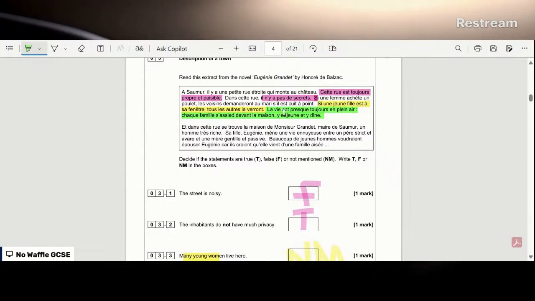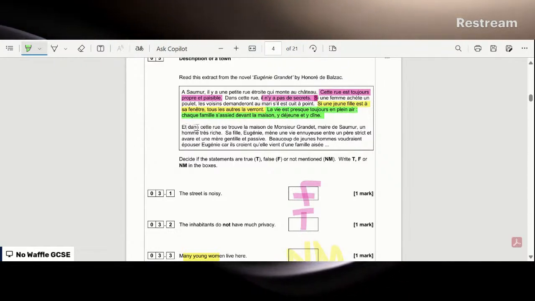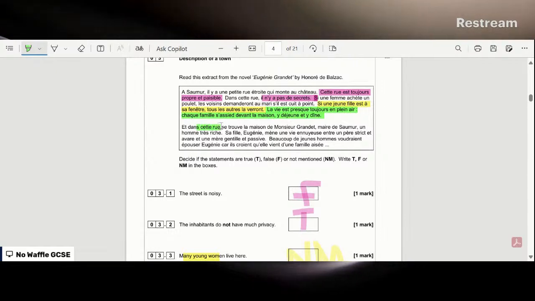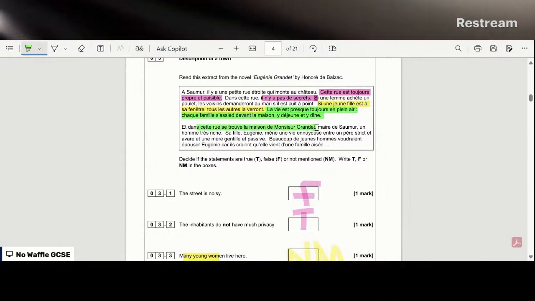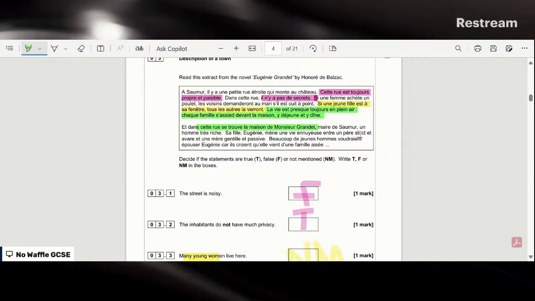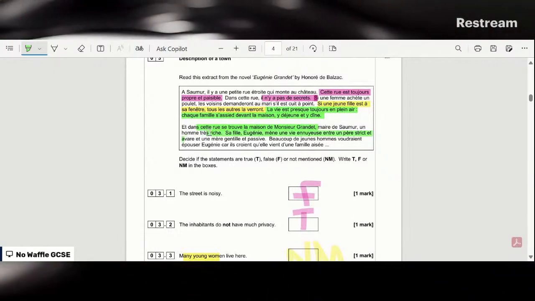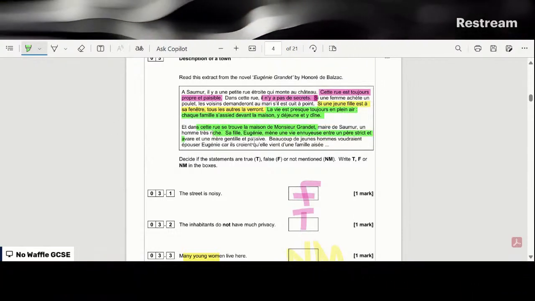Each family sits in front of their houses and they drink and they dine. And on this road, cette rue, se trouve la maison de Monsieur Grandet, maire. So on the road you find the mayor's house, un homme très riche, a very rich man.